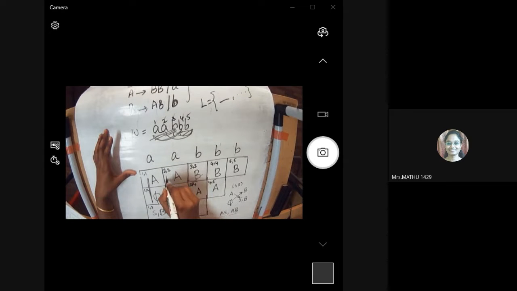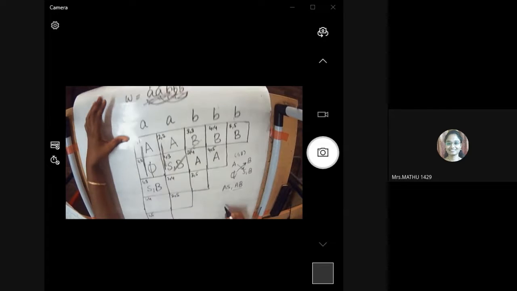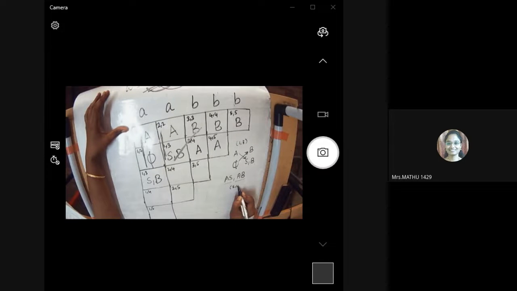You take the variables above this cell: A and S comma B, and this cell, you have to write it from top to bottom, B and A. Now you cross it. What will you get?